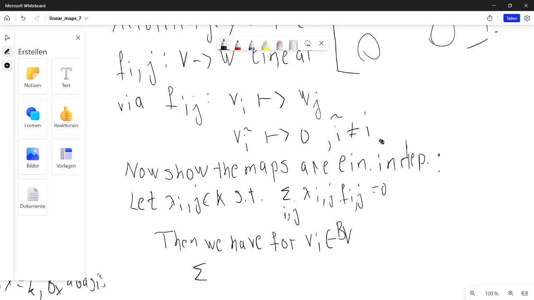We have that this is actually 0, lambda ij, vi is 0. But what's that? Well, everything is 0, and other than that, we have lambda ij.